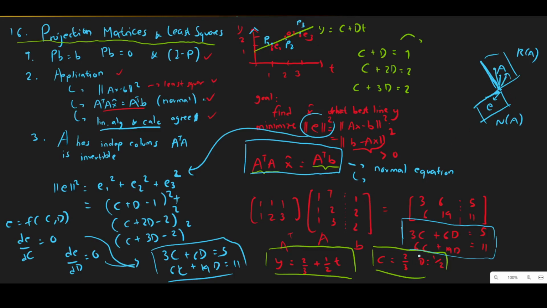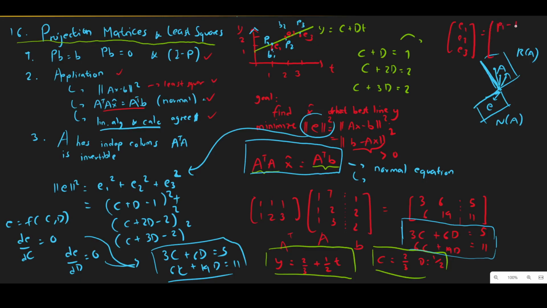Once you have the vector e, which you can get by subtracting p from b, that is b1 minus p1, b2 minus p2, and so on, you get e1, e2, e3. Let me write that down.